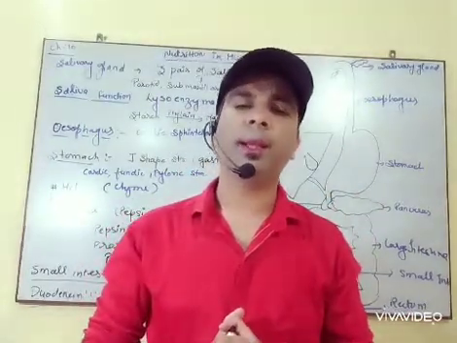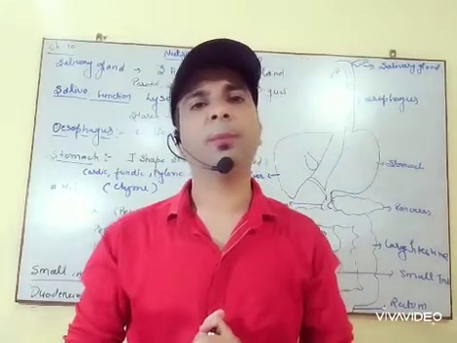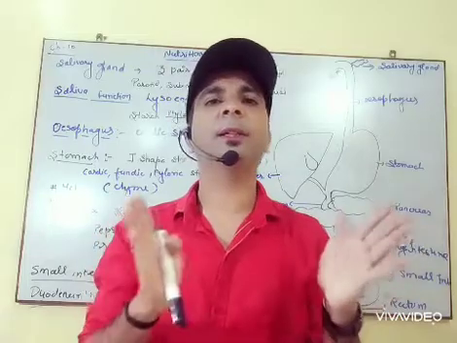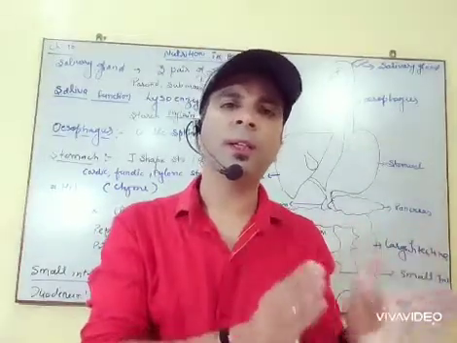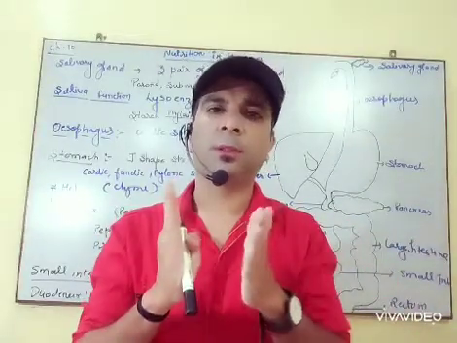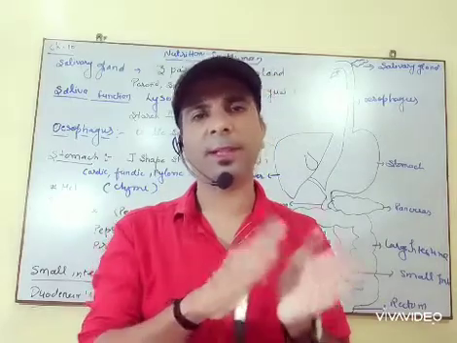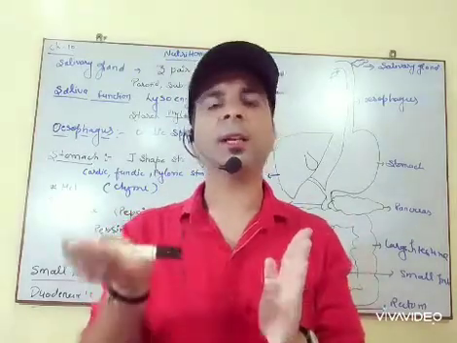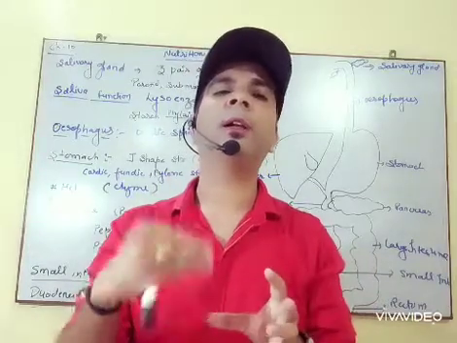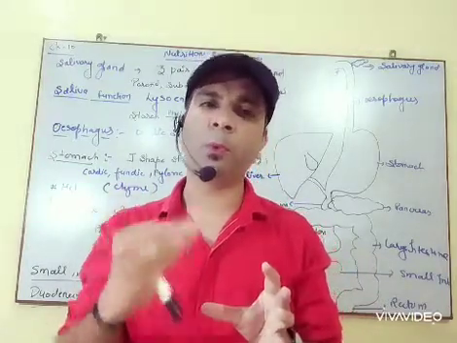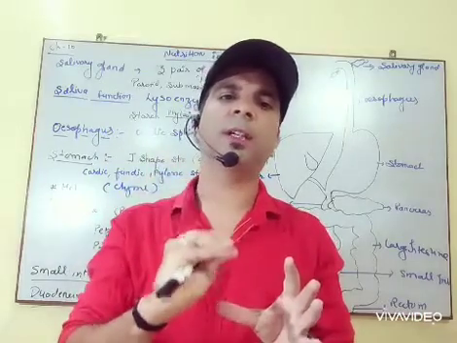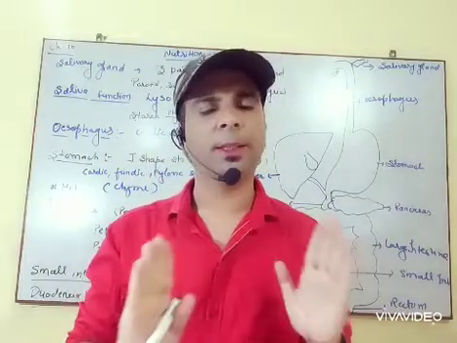This flap-like structure is known as the epiglottis. It separates the respiratory tract from the digestive tract. Digestive tract को respiratory tract से separate out करेगा. It does not allow food to enter the respiratory tract. वो respiratory tract में food material को allow नहीं करेगा.